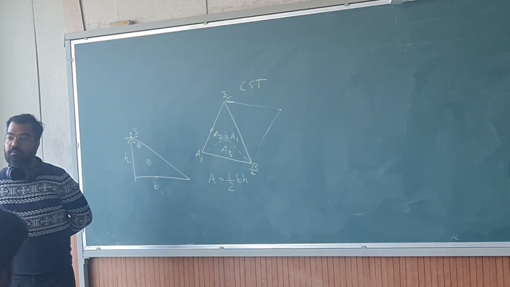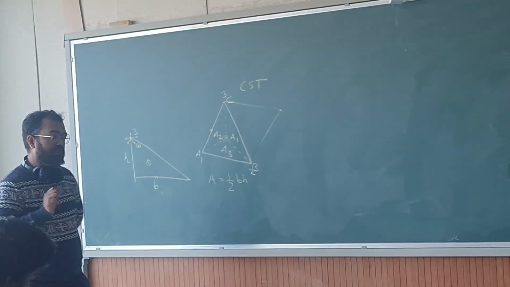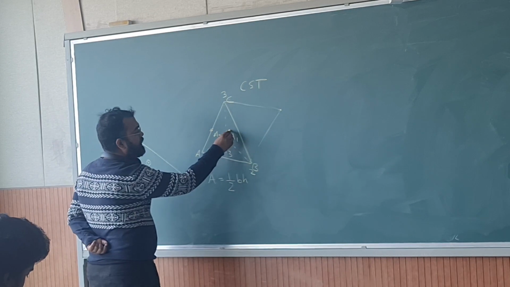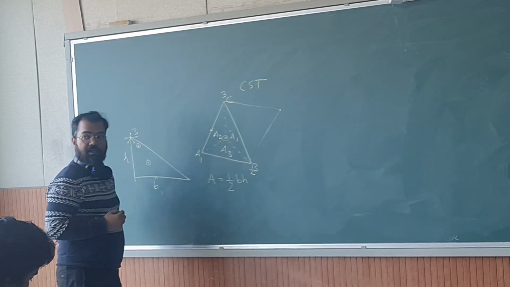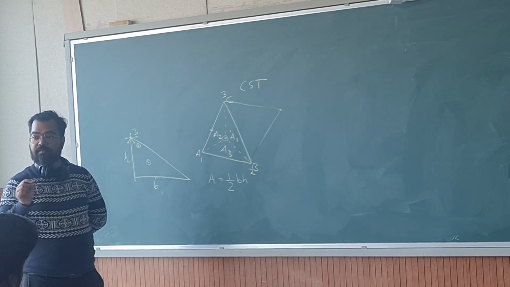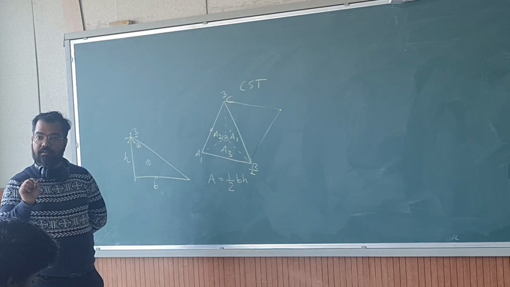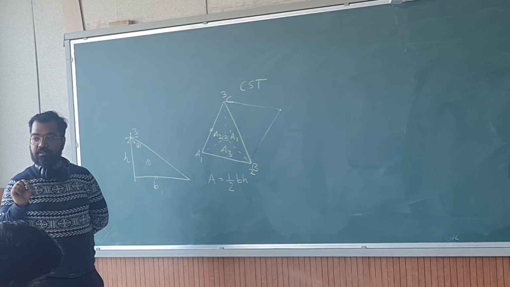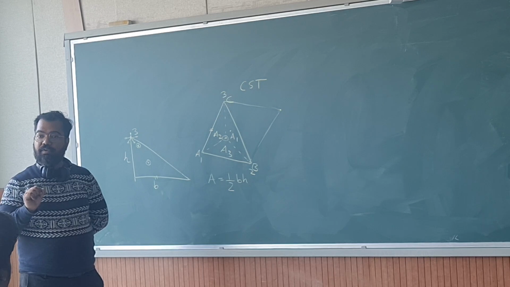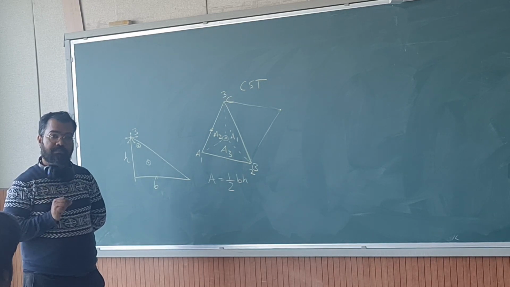By a linear combination of A1, A2 and A3, for any point here, I will be making 3 different triangles, and the displacement at that point can be defined as a function of some coefficient times the areas.